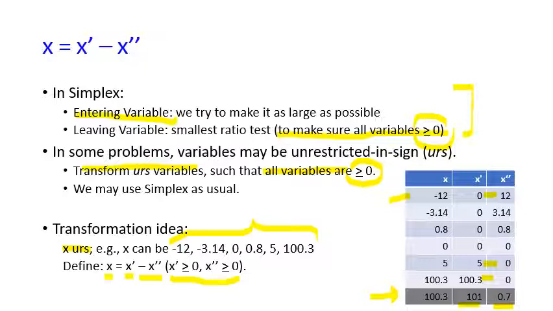I mean, at least one of them will be 0, maybe both of them are 0 if the original x value is 0. Okay, so that's the idea to represent a URS variable: use two new variables to represent it, using the relation x equals x prime minus x double prime.